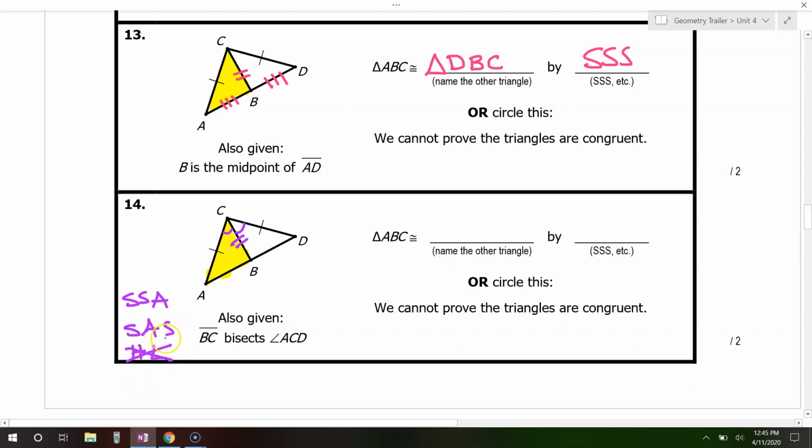For side angle side, the angle must be between the two sides. And it is, because here's one side, here's the other side, and notice how the angle is right here where they meet. So the angle is between the two sides. So this is side angle side. Looks like the setup is the same as before. So this is going to be DBC again, just like last time.